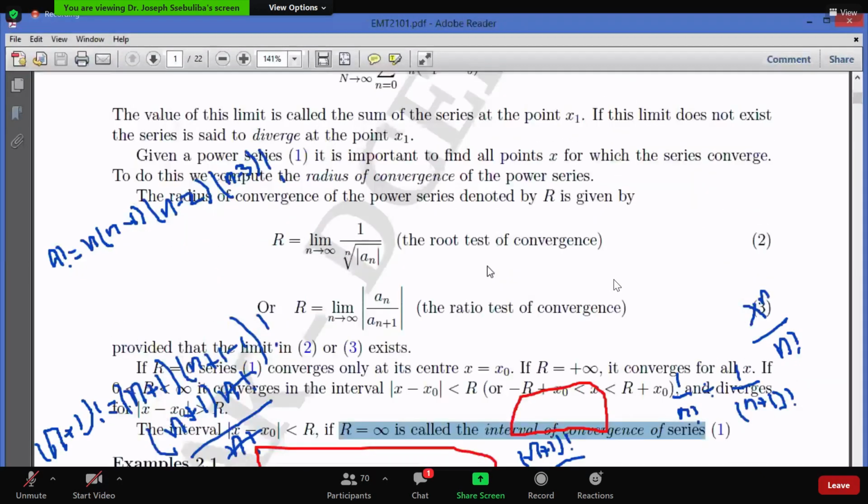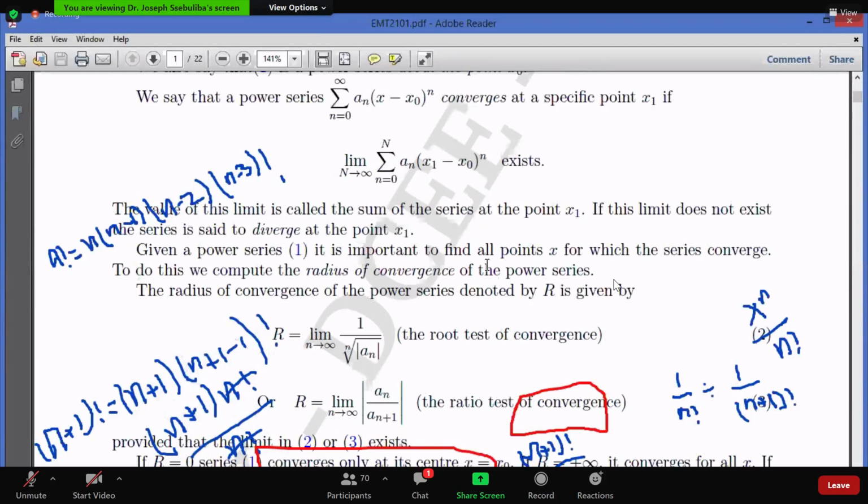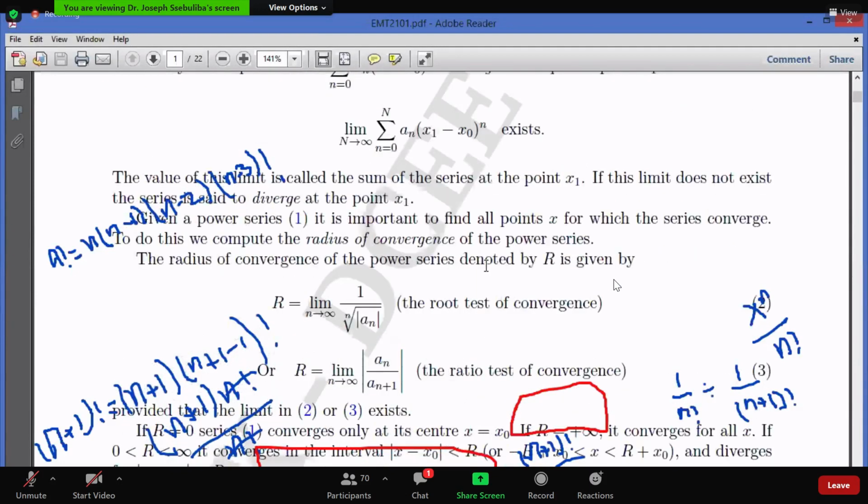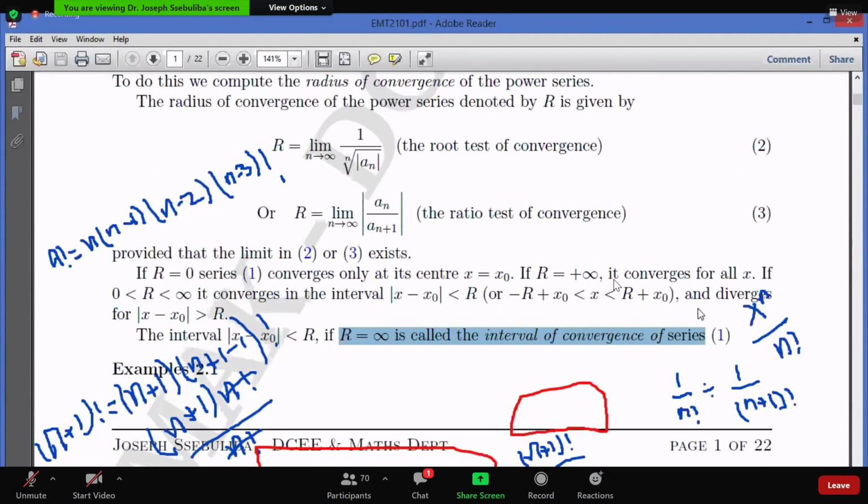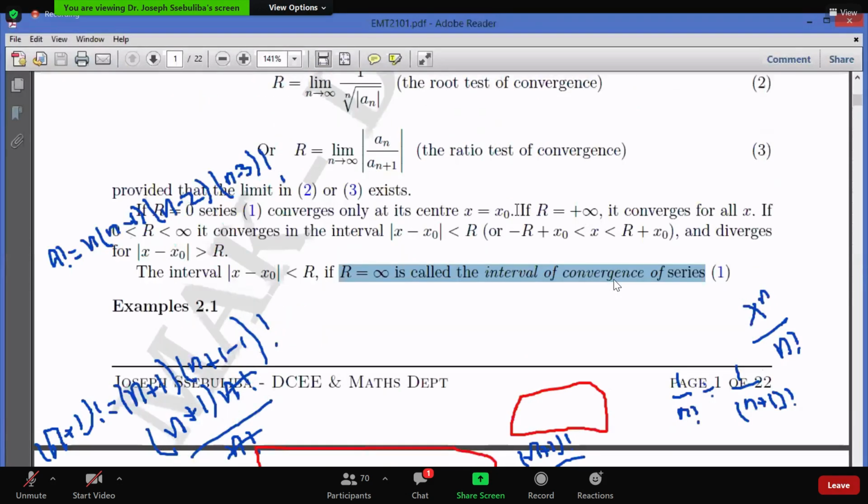That is to beef up the statement that we have. I think it is basically this one. Okay, it is here. We said that if R is positive infinity, it converges for all x. And since it converges for all x, then we drew this conclusion that this is called the interval of convergence for that series that we have.